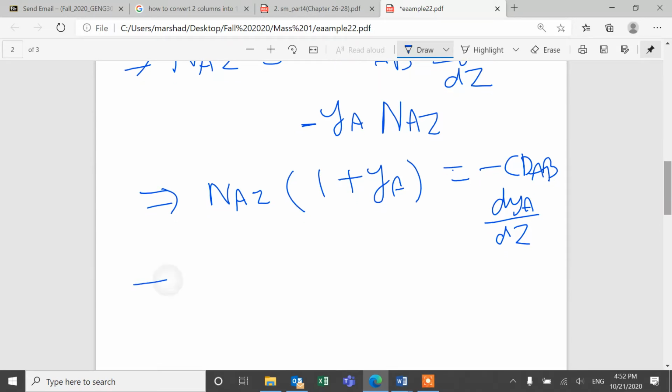Now just separate the variables. We need to integrate. This is a differential equation now in yA and z.